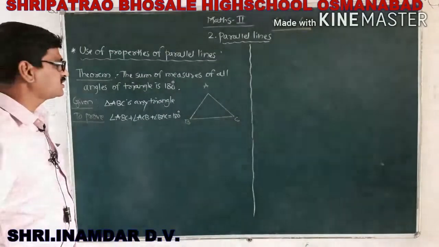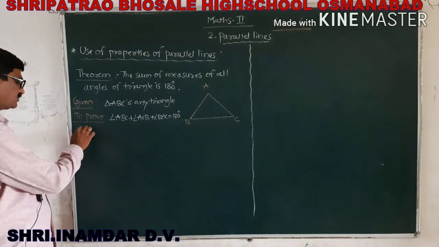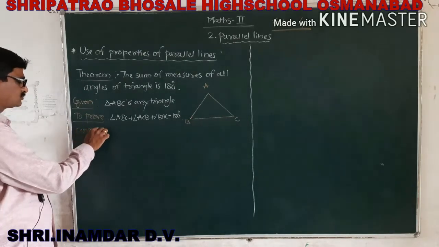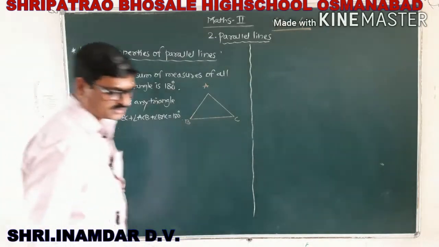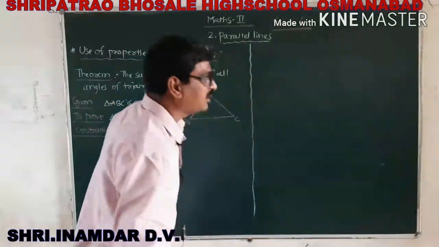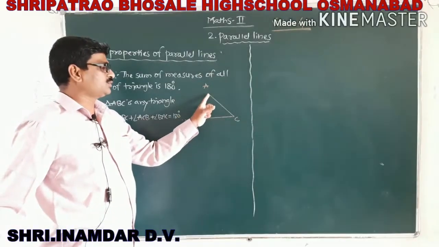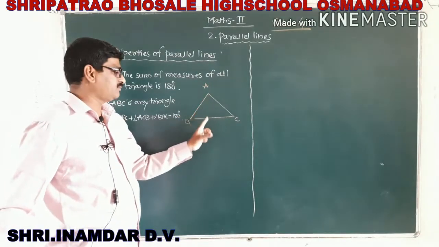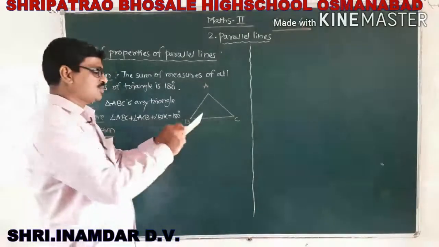Then the third step is that in this theorem we have to take one construction here. Construction. So what is the construction? We have to draw a line passing through the vertex A and parallel to side BC. So this is your construction.